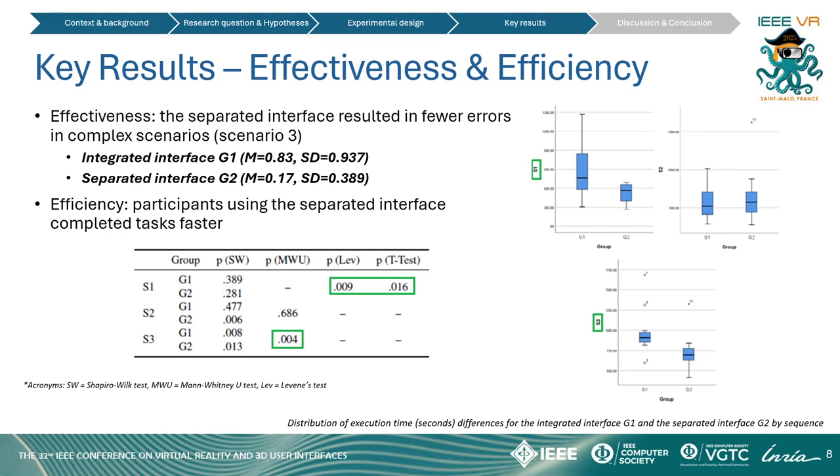The second, efficiency: participants using the separated interface also completed tasks faster across the first and the last scenarios. The results suggest that separating storyboarding from rendering visualizations allows users to focus better, resulting in more accurate and efficient task performance.